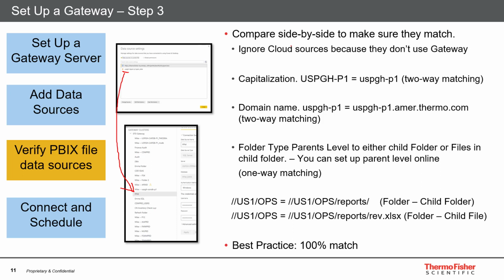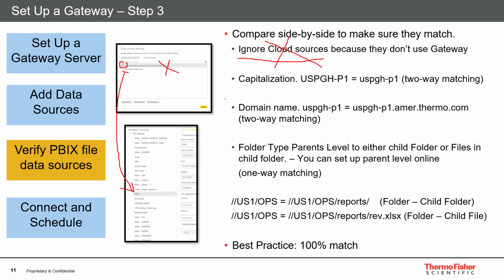When you're comparing side by side, I'm going to show you one quick example. First, you can ignore the cloud sources. In my example, my first one is a cloud source, so I can ignore that. That one doesn't need to match, because cloud sources don't use a gateway. That is why I said match every on-premises data source and ignore the cloud.